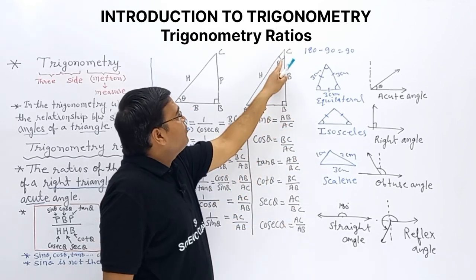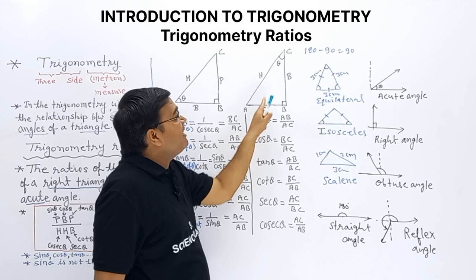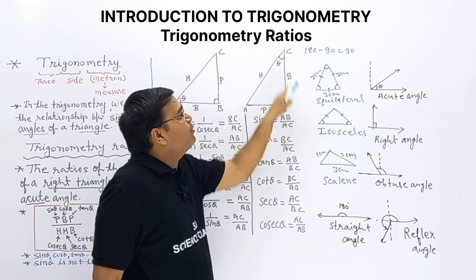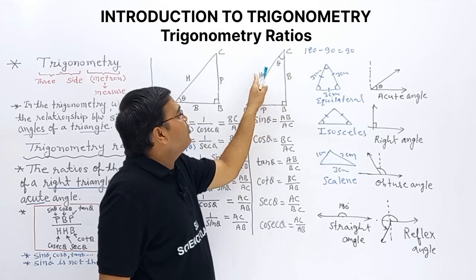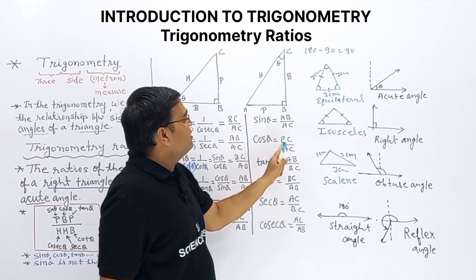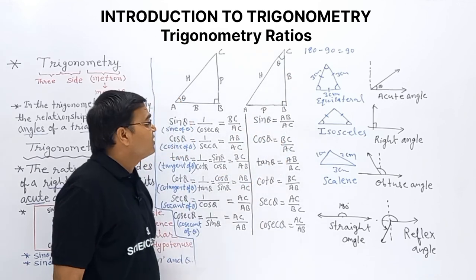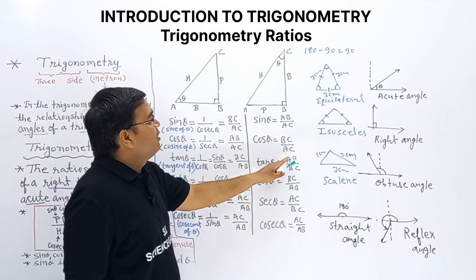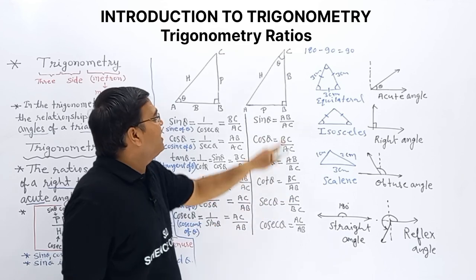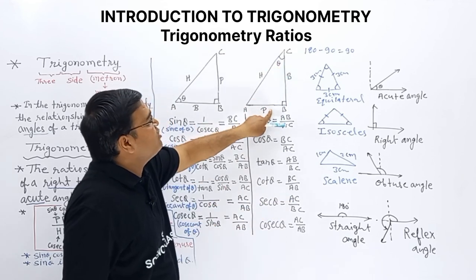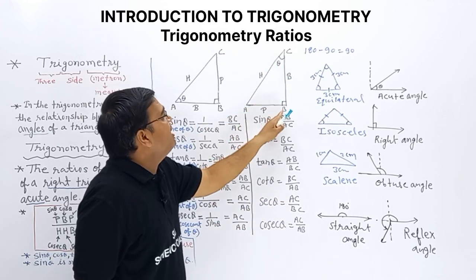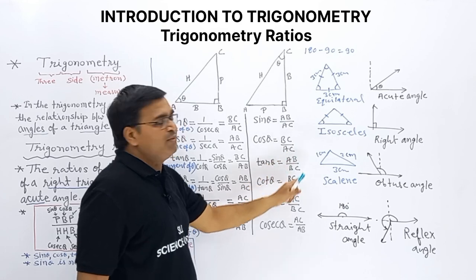What is the base? For this acute angle, this is the perpendicular and this one is the base, the adjacent side of this angle B. So BC upon AC. Clear? Now tangent theta will be what? Perpendicular upon base. Its perpendicular is this one and its base is this one. AB upon BC.